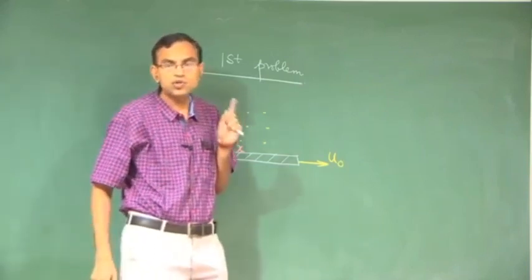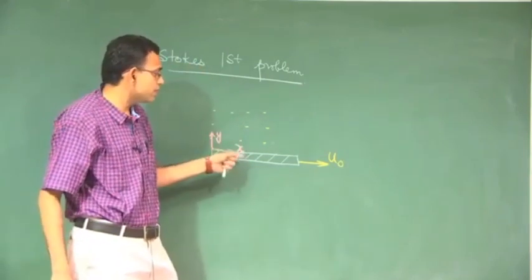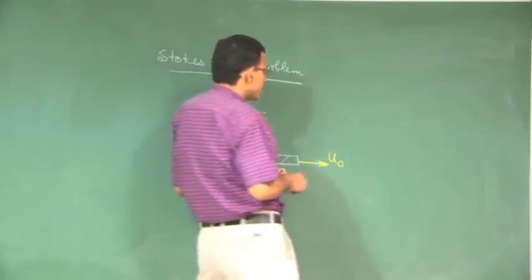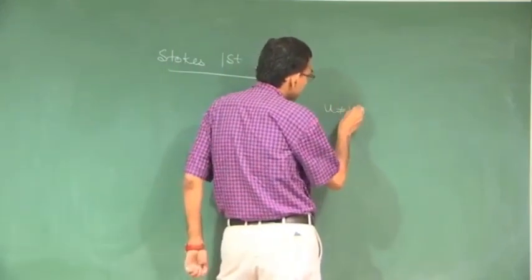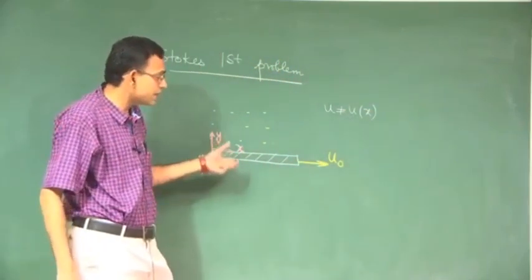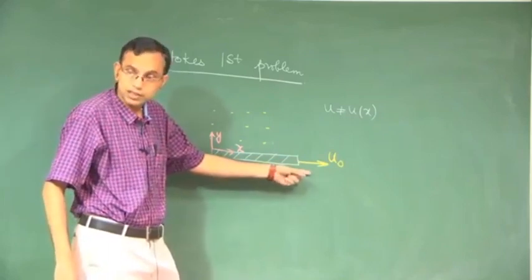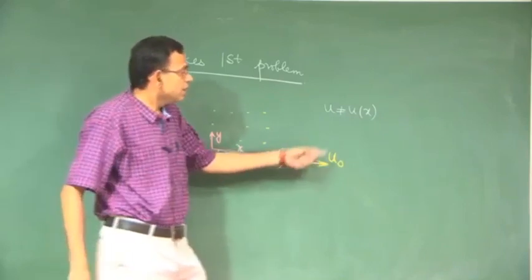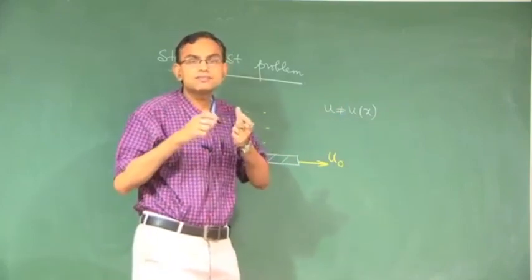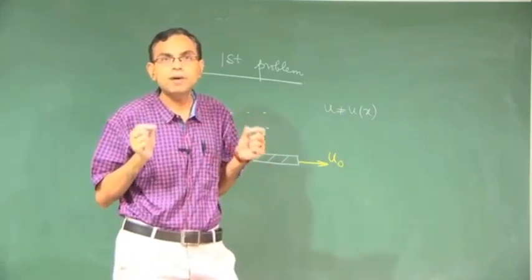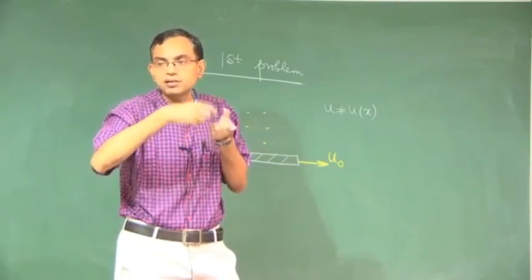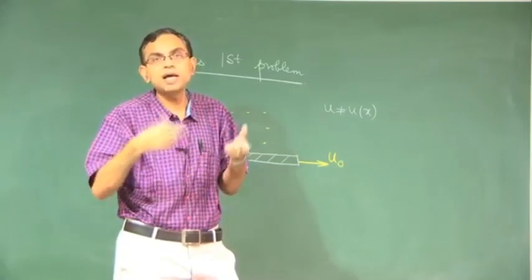Please train your students not to get confused between this and fully developed flow. Here u is not a function of x because of translational invariance. That translational invariance comes from the boundary condition, but fully developed flow comes from a very important fundamental premise, that the flow is confined in a closed passage, a channel, pipe, like that.